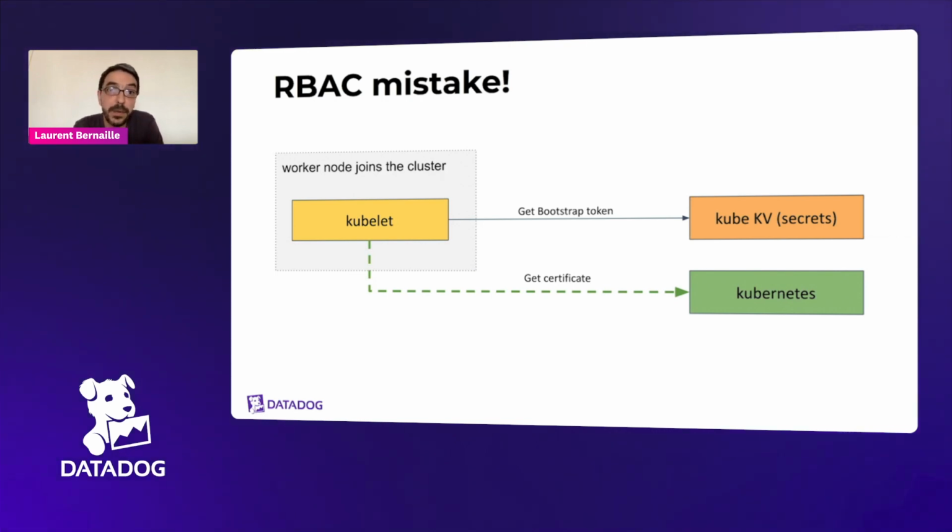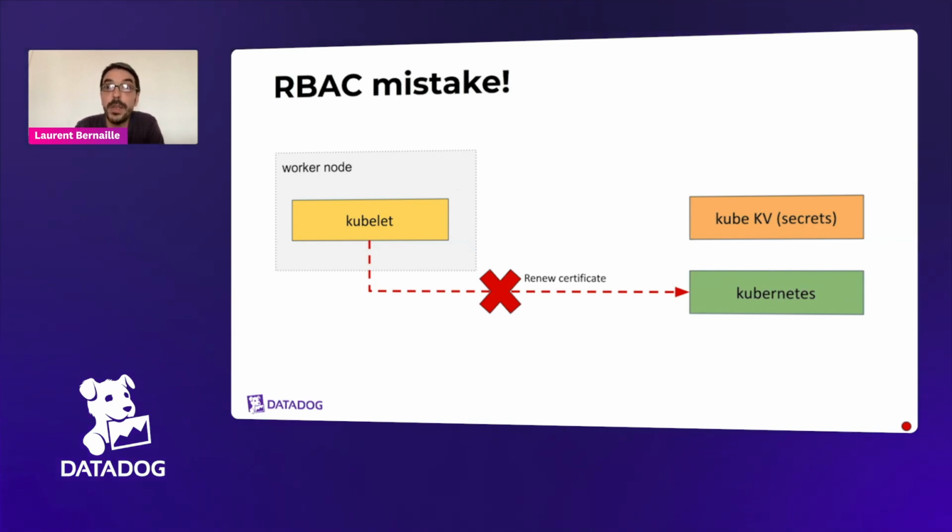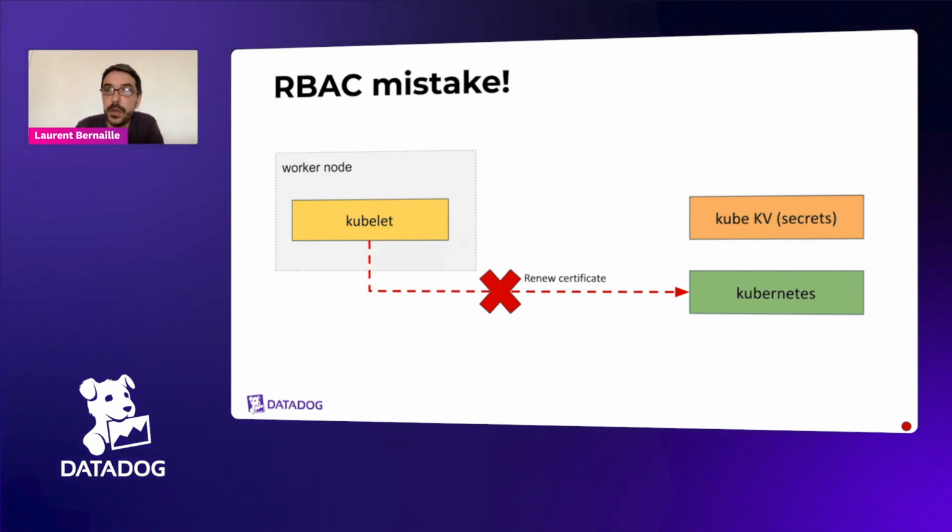What actually happened is, we thought that everything was set up right and we were able to get a certificate when the nodes were created. However, it turned out that the kubelet is using a different authentication mechanism to renew certificates. When you create the certificate the first time, you use permissions associated with the Bootstrap token.